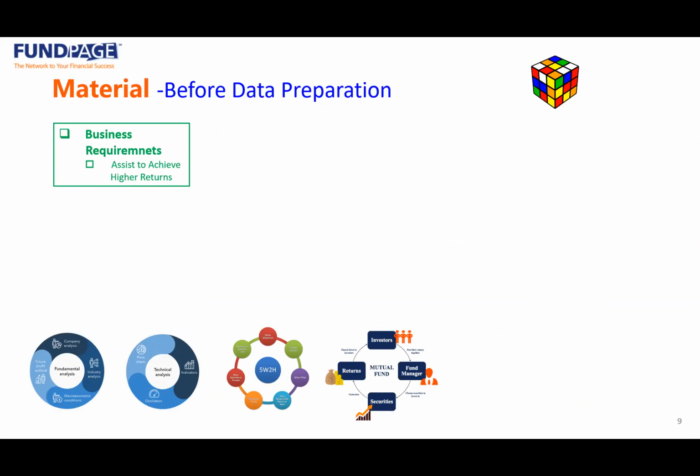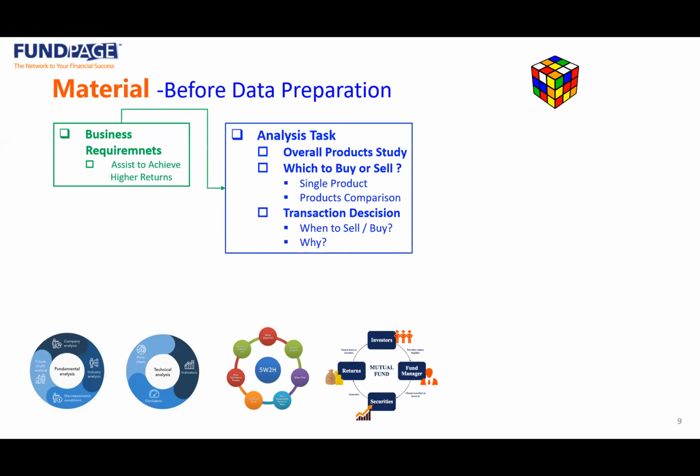Before we do data preparation, we have to determine the business requirements. Then, as the second step, we divide the business requirements into analysis tasks: overall products study, individual products analysis, and finally transaction decisions, when to buy or sell.